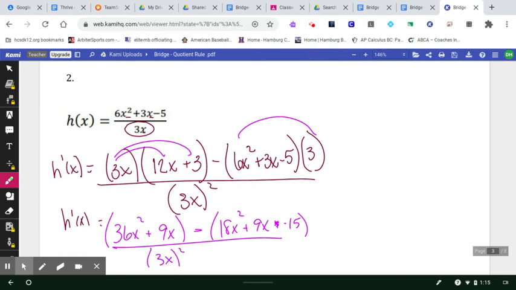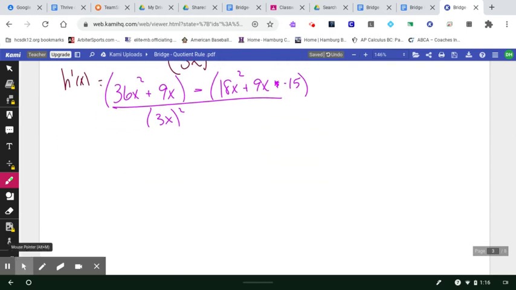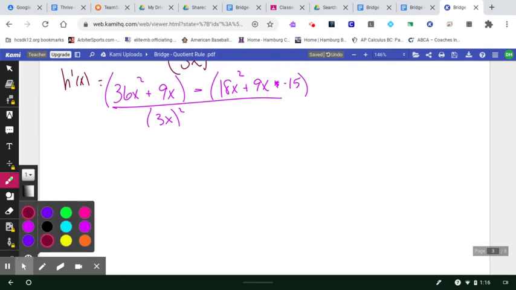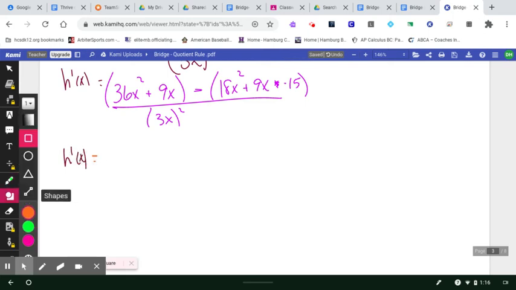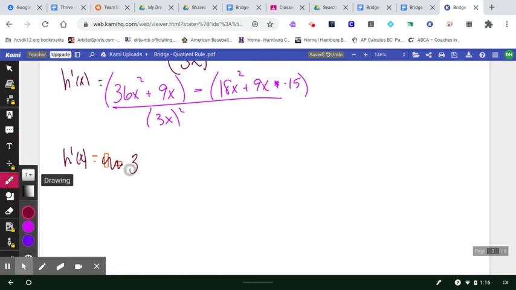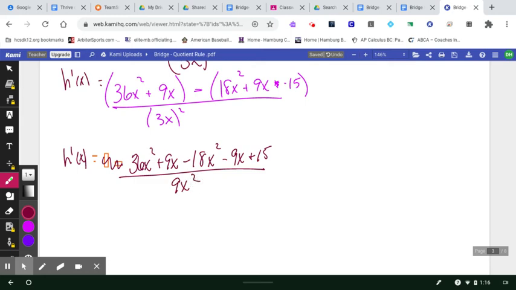I'm going to keep going here. So I have h prime of x equals, oh dear, what did I hit? Scratch that. 36x squared plus 9x minus 18x squared minus 9x plus 15 all over. Now I can square this because 3x times 3x makes 9x squared.